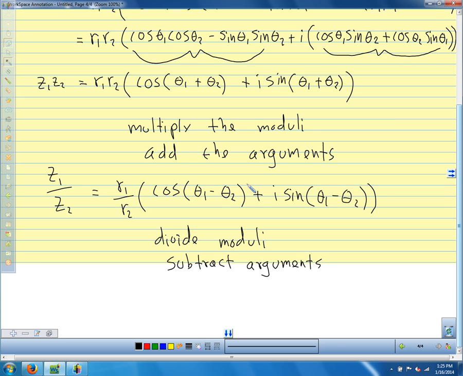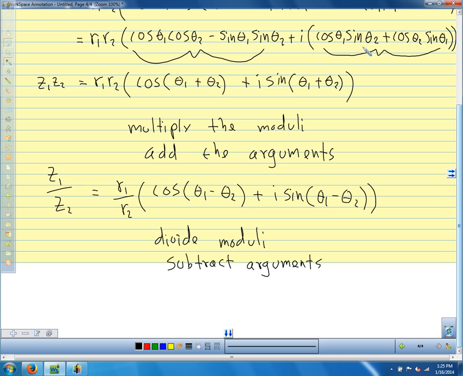And then if we wanted to convert back, do the multiplication or division first in trig form, and then convert back to standard form, to a plus bi form. Way easier. And then tomorrow, what we're going to talk about is using trig form to find powers and roots of complex numbers.